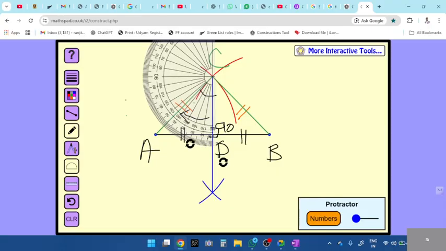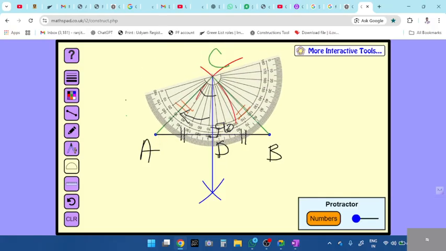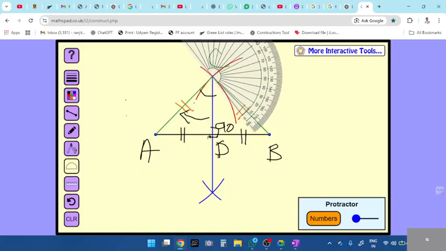What's the angle, students? Isn't it 45? Can you see 45 here? Okay, the same if I measure it here, even this will be 45.